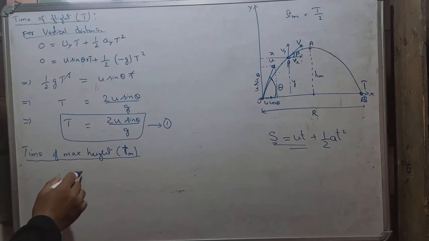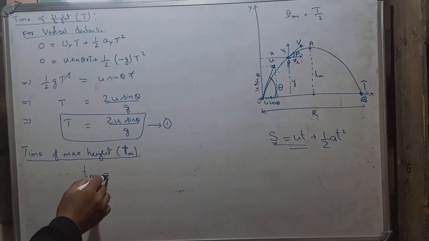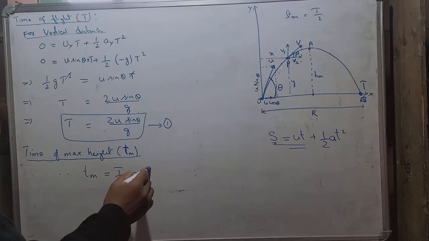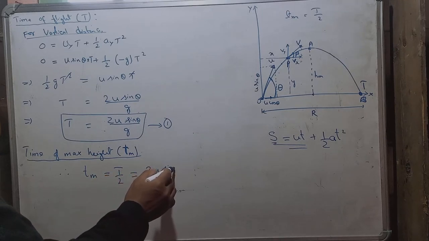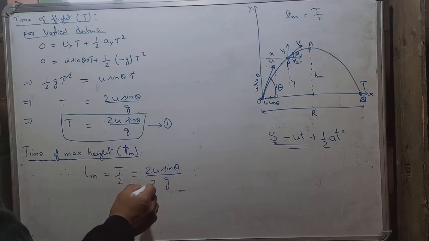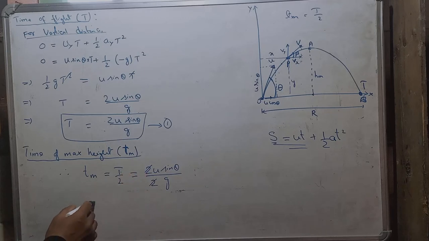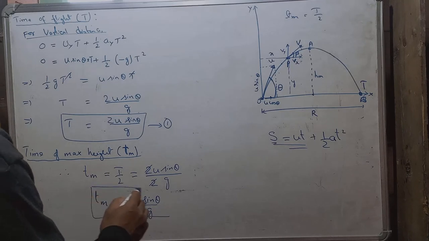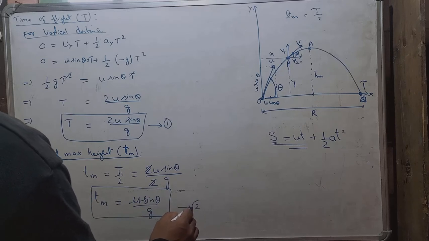So the time to reach the maximum height is equal to T upon 2, which is twice u sine theta upon g, which is the value of T, divided by 2. The 2 with 2 cancels, so the time to reach the maximum height is just u sine theta upon g. Let me name this as equation number 2.